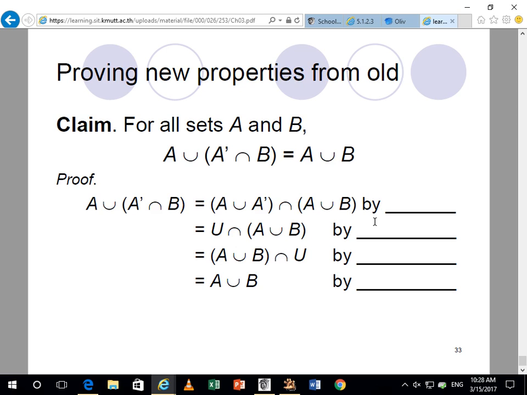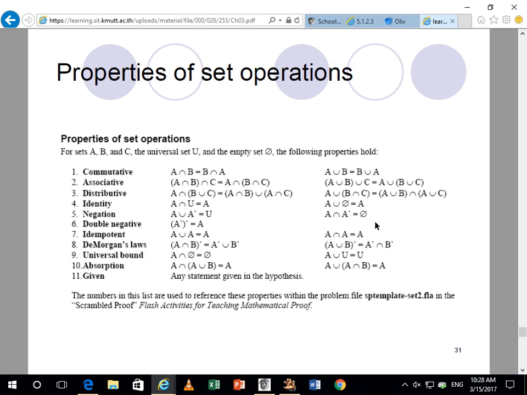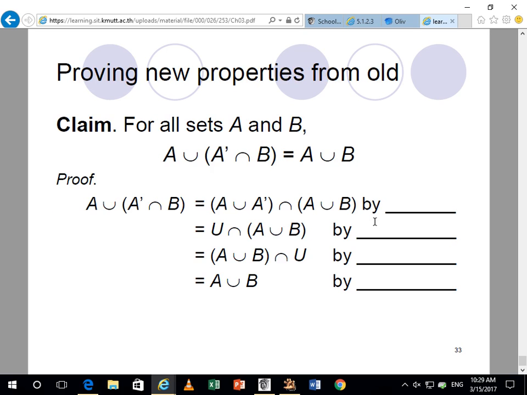And then commutative. We switch the order. U intersect this is equal to this intersect U. So this is commutative. And finally, to get this, actually we can get it from here, but to get this is by what?